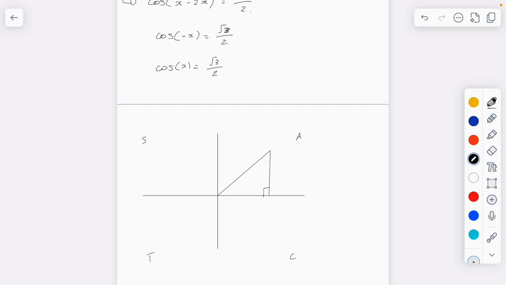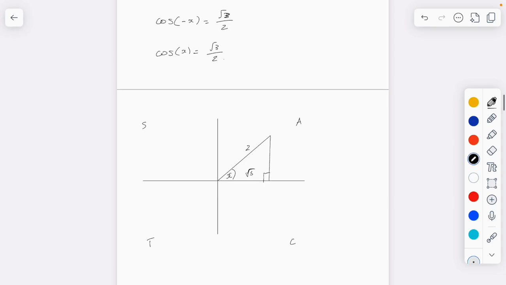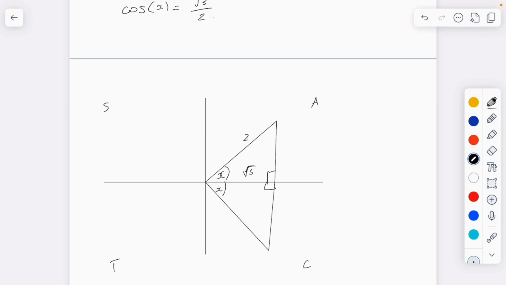It's adjacent over hypotenuse. We've got x here, root 3 here, we've got 2 here, and we've got a corresponding triangle over here. Still got the root 3, got 2 here.